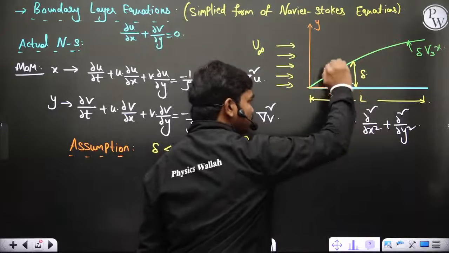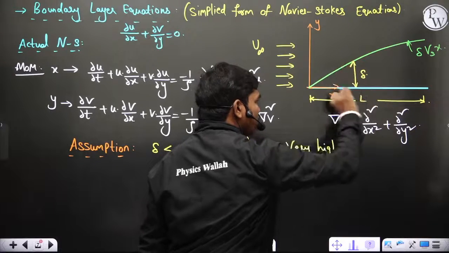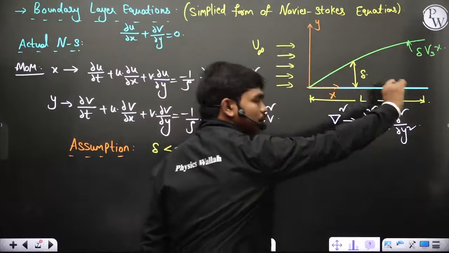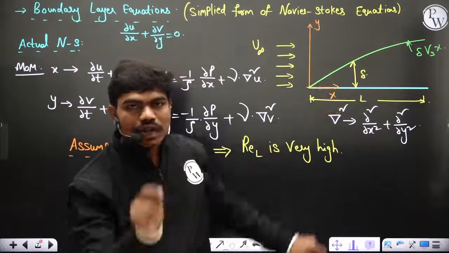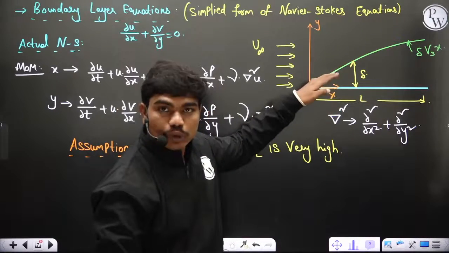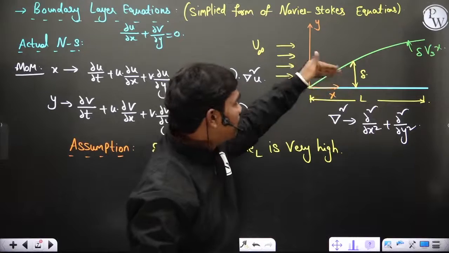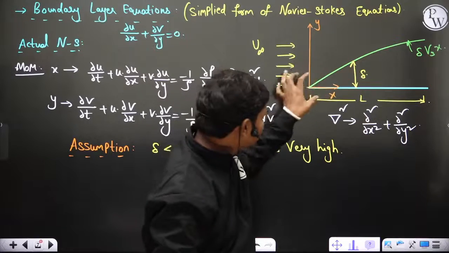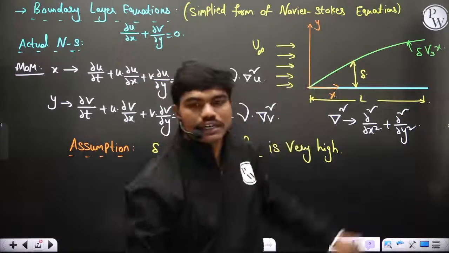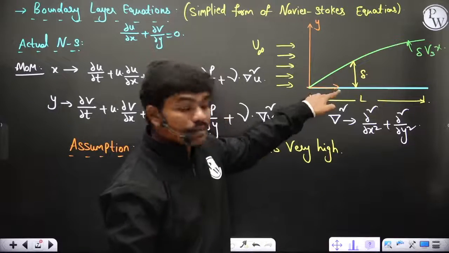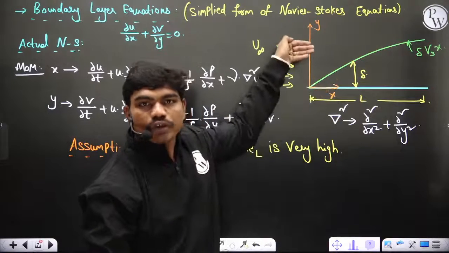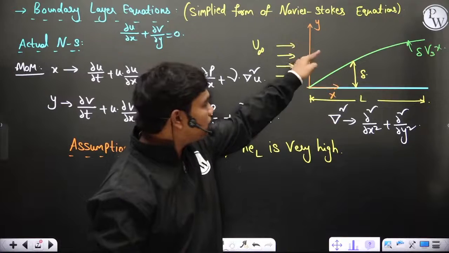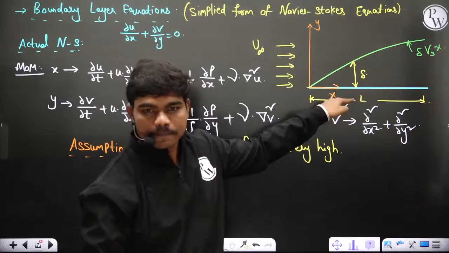It can show its effect only onto the fluid which is very near to this plate, correct? It can show effectively onto a very small distance. That means even though the plate presence is there, the inertia of the fluid is so strong that it doesn't bother much about this plate, correct?